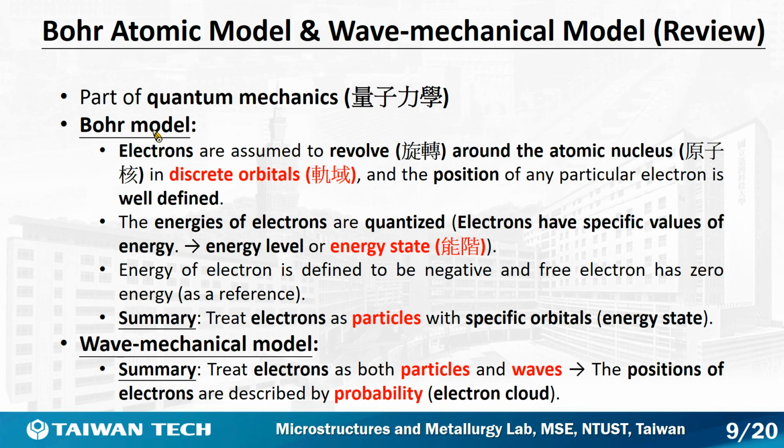One is the Bohr model or Bohr atomic model, and the other one is the wave mechanical model. For the Bohr model, electrons are assumed to revolve around the atomic nucleus in discrete orbitals.